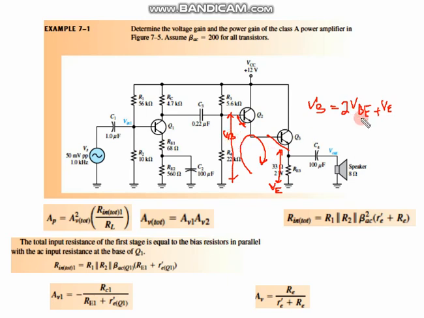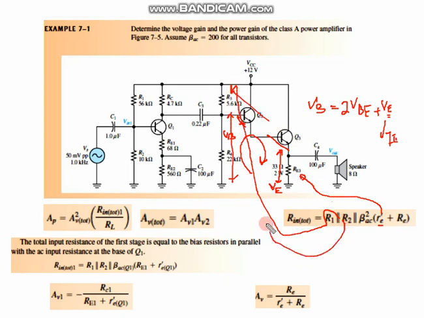So you put the values, and from here I can calculate IE. Once I have this IE, I can find the small resistance, which is RE prime, which is 25 millivolts divided by IE. This RE prime is for this one. R1 is for R3, and R2 is over here for R4. Once this is done, everything is known.